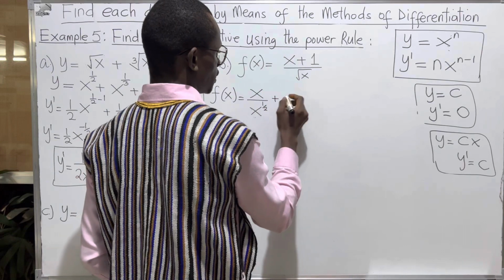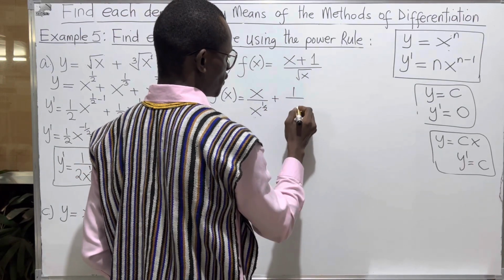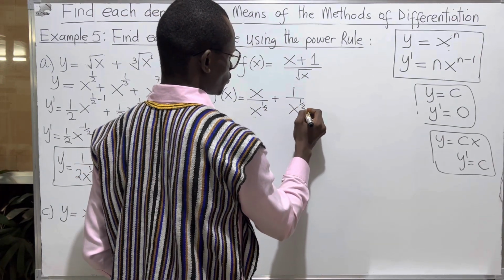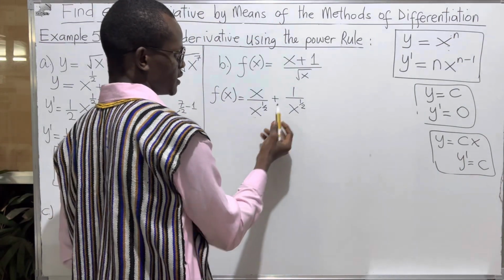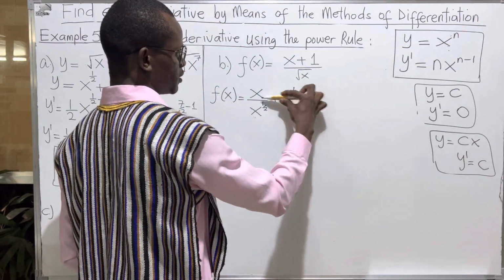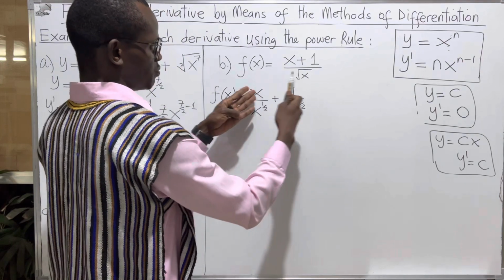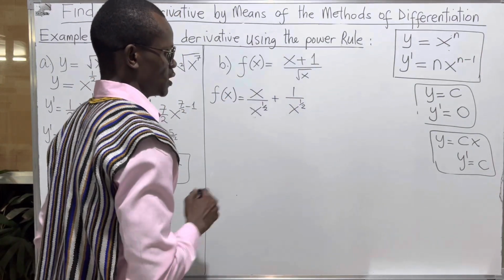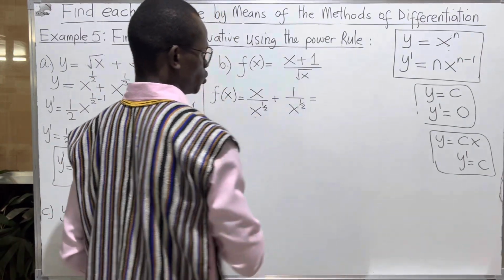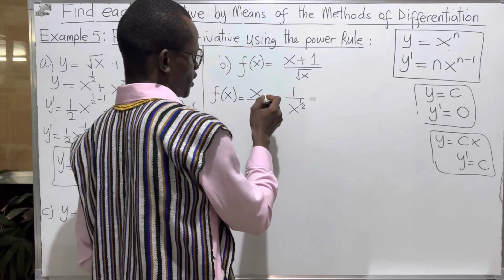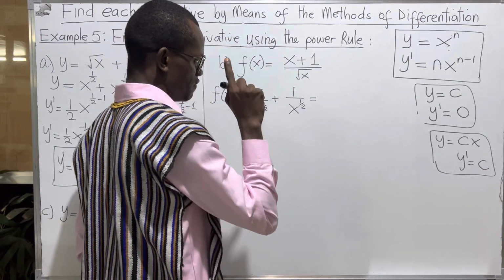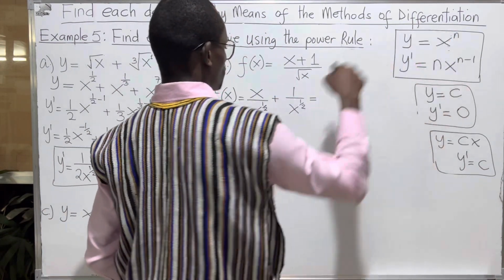Plus 1 all over the same root of x, which is x to the 1 over 2. Because when the denominators are the same, you can take one of them and add the numerators. So this is just the expansion of this one. The next thing we want to do is to make each term just a variable raised to a power.